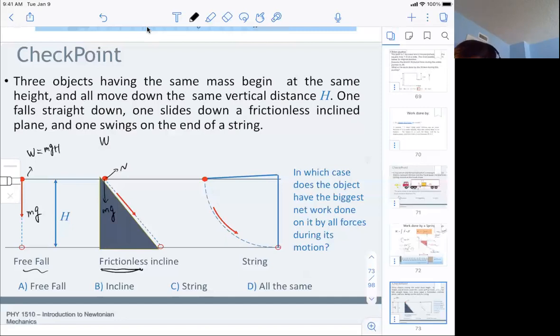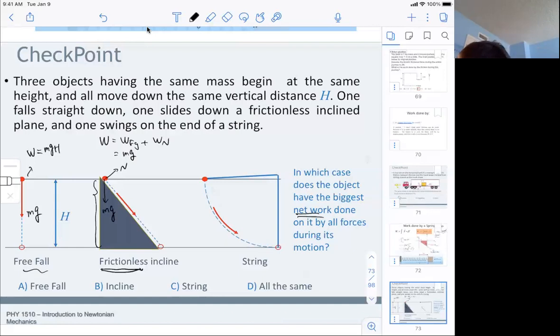And the net work is all the work done by individual forces added together. First, you have the work done by gravity, and you think if there's work done by the normal force, adding together. The work done by gravity, again, is only depending on the beginning and the ending point, regardless of the path you're taking. So we're going to say mgh.